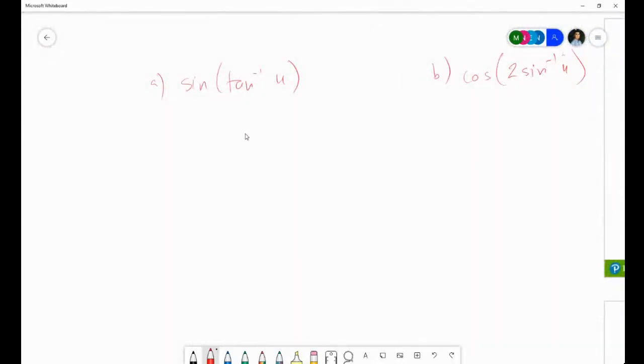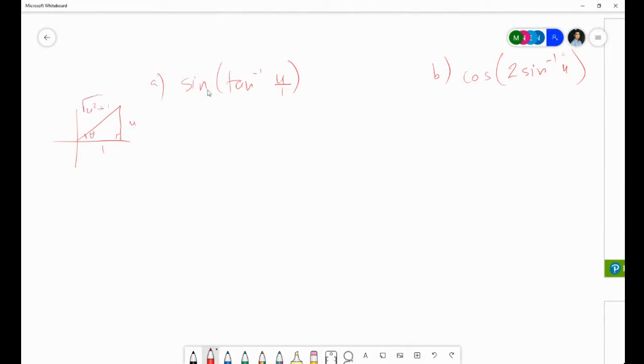Okay, so tangent inverse of u. So we can make this a fraction by putting it over 1. Now you have to assume here that it's going to be positive. Okay, that's one assumption. So tangent inverse, okay, so opposite over adjacent. So that means this hypotenuse is the square root of u squared plus 1.